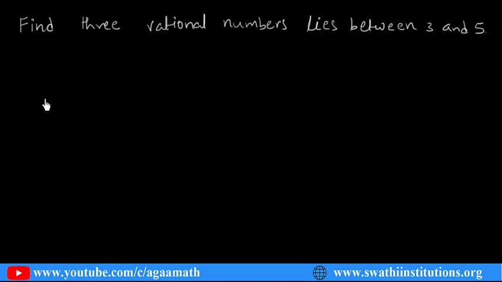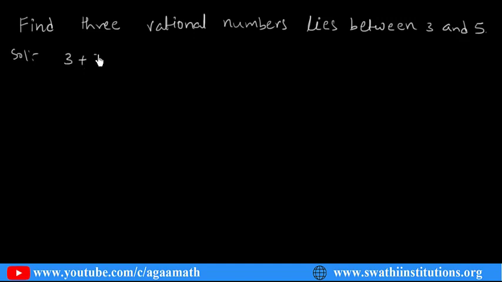There are different methods, as we learned before. In this one, to find a rational number, we add the given two numbers and multiply with 1 by 2, right?